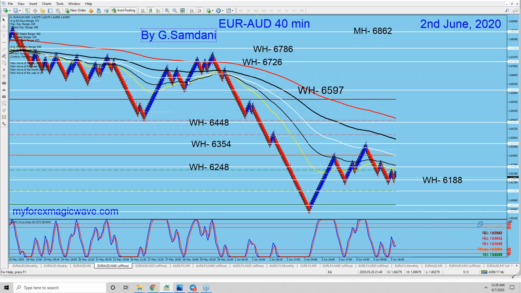See this white line, this is where the day starts. So if the day starts and it's only 20 pips here, that means it has to go down 240 or 260 pips. It can go to the downside easily based on that.